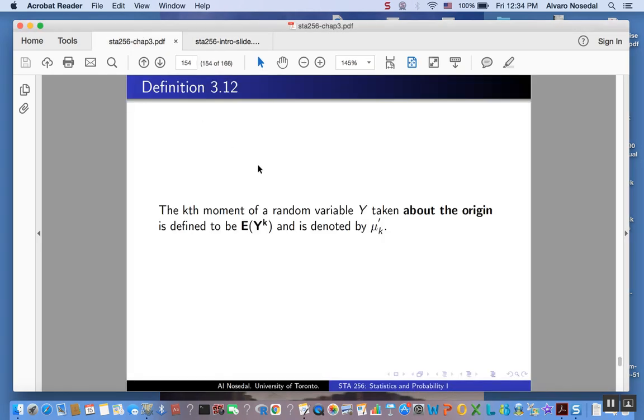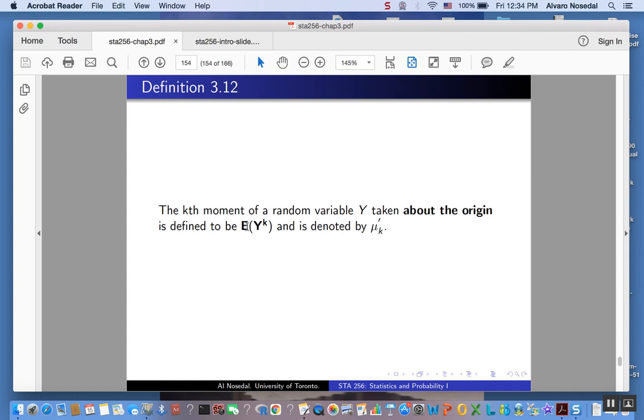Again, you can find this definition in our textbook, and what we have here is that they define the moment of a random variable, the kth moment of a random variable about the origin, as a particular expected value.